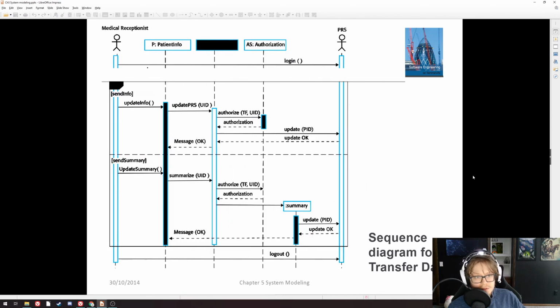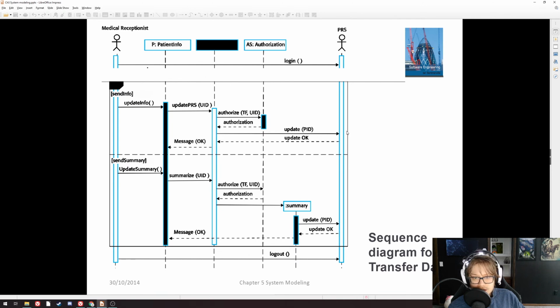Here's another one. So a medical receptionist wants to update patient info. Again, you've got your patient info, probably a database or something, your authorization system. Then you've got the, whatever this is, the patient record system, I guess. So first you log into the patient record system. Then you send some info to the info database. That sends it to the patient info database, authorizes with the authorizer, gets the authorization back.